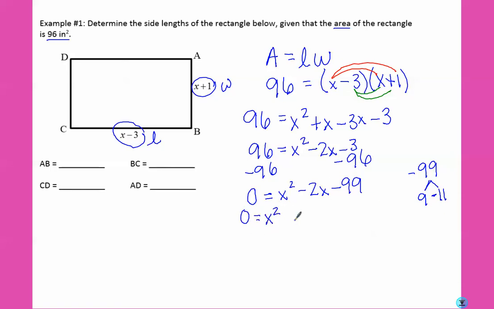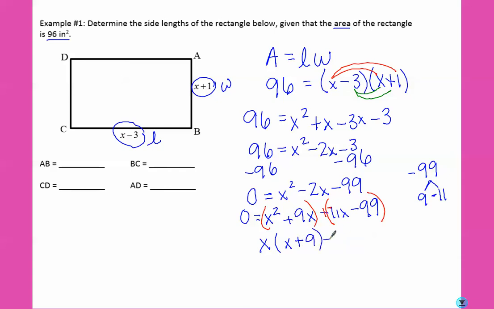Bring down my ax squared term, split my bx term into plus 9x and minus 11x. Bring down the c term. Group the first two, plus a negative, and group the second two. The first two have an x in common, and I'm left with x plus 9.